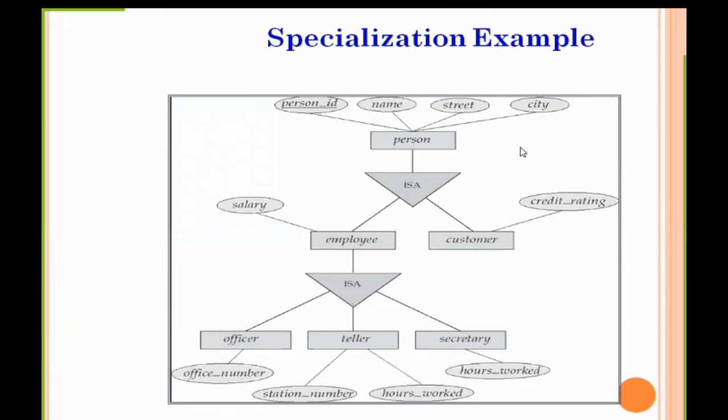Person is the highest level. Employee and customer are the intermediate level, and officer, teller and secretary are the lower level of the entity set.